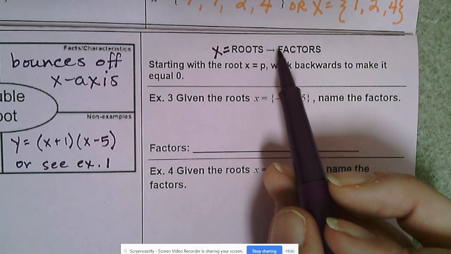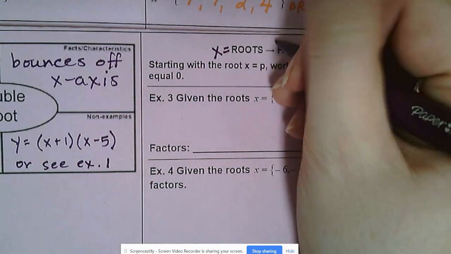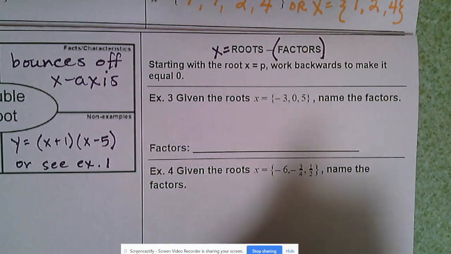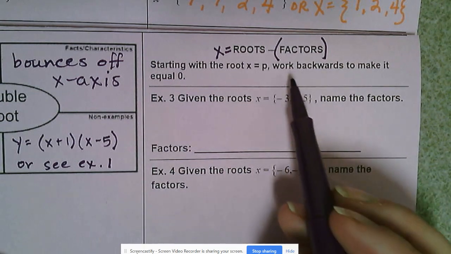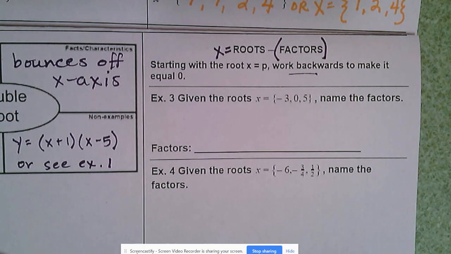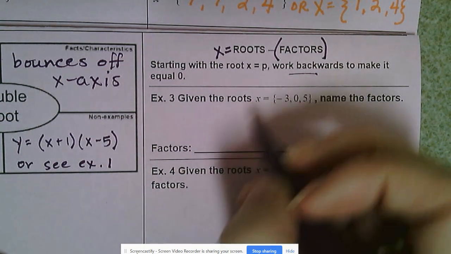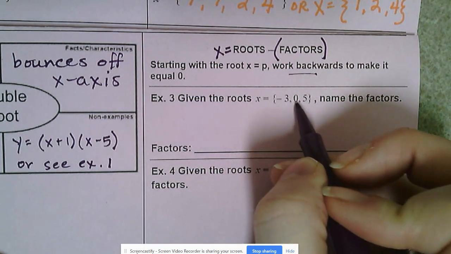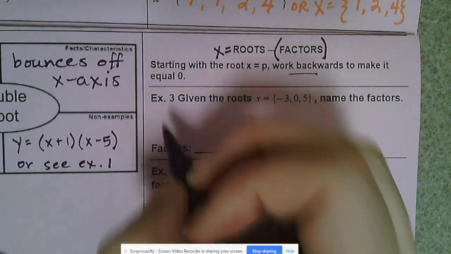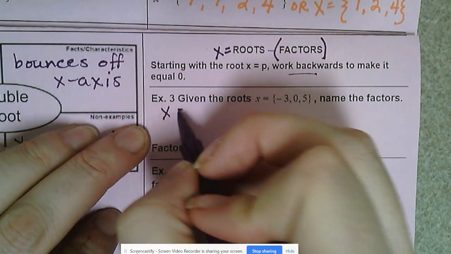And then we're writing them as factors. Factors typically are in parentheses like that. Sometimes they're by themselves if it's just an x. I'm going to show you how to do that. It says right here, we're going to work backwards to make it equal to 0. Each of these roots is listed here, -3, 0, and 5. And we can write those as separate roots.